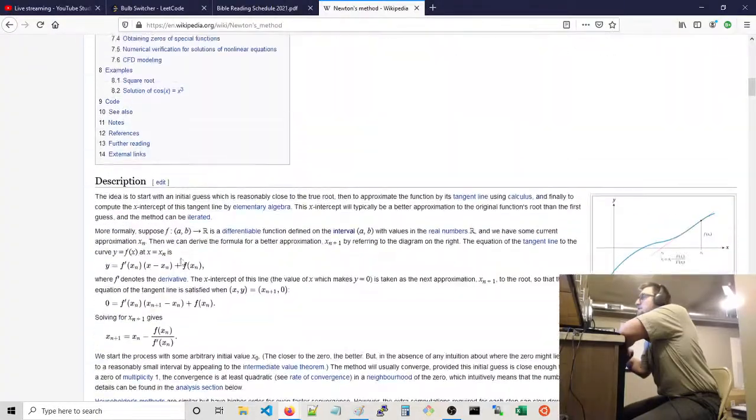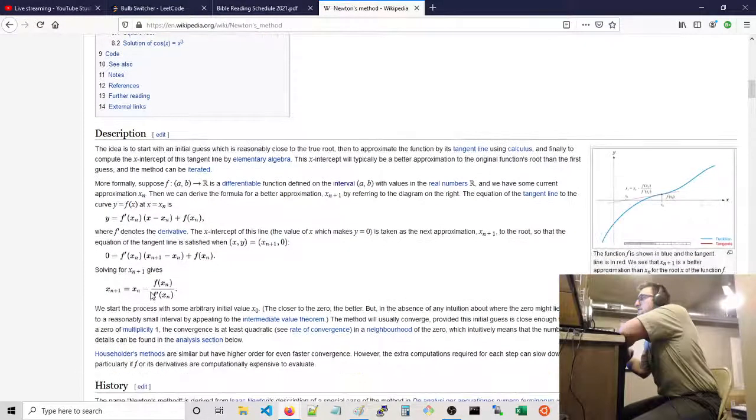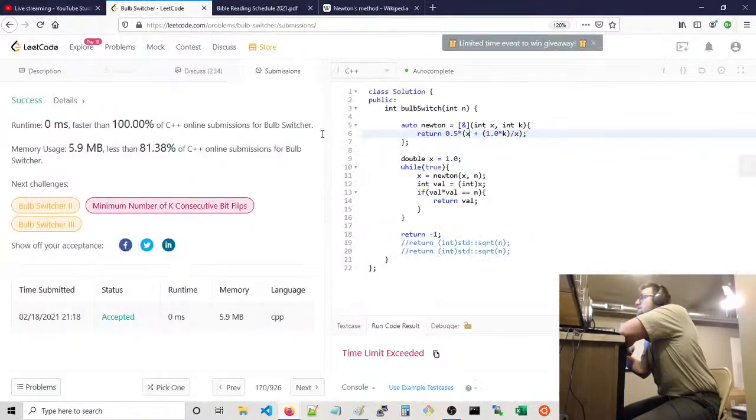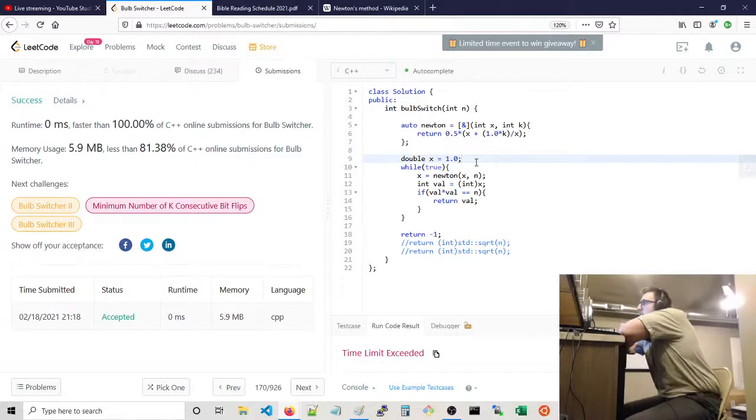It's x sub n minus f of x sub n over f prime of x sub n. Yeah, that's fine. We just take x, make it Newton of x. We're using n and k. Why is this not working?